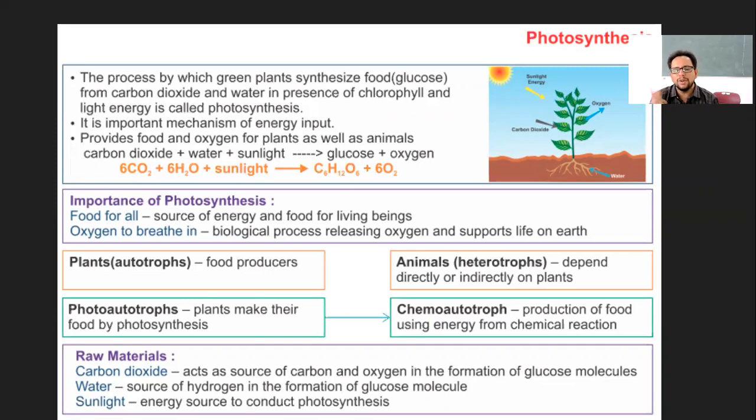So these are the two different types of heterotroph. So in autotroph, you have photo and chemoautotroph, and in heterotroph, you have parasitic and saprophytic. And again, saprophytic is probably the only new term, dependent on dead or decaying organisms.